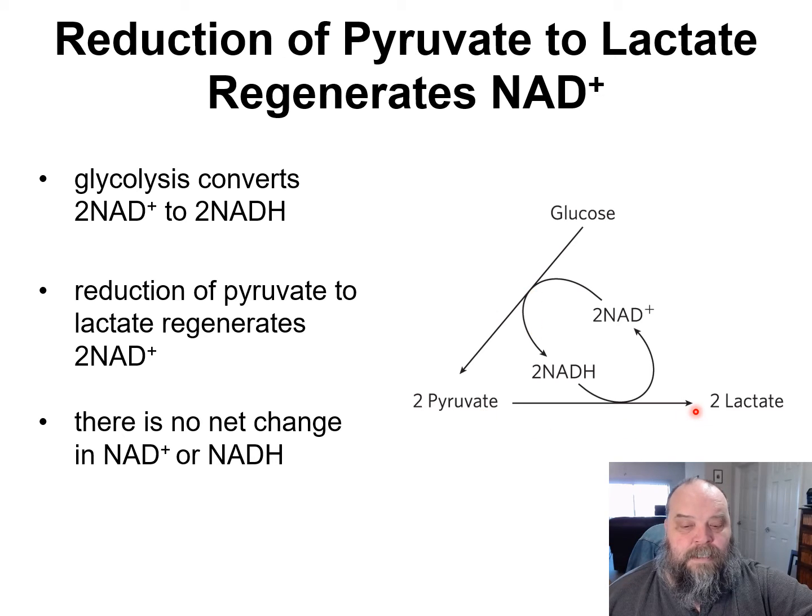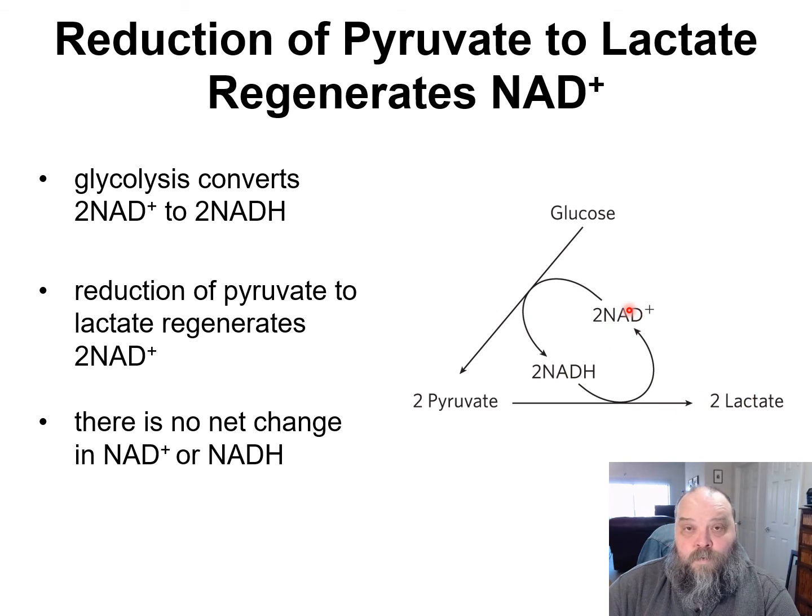So pyruvate to lactate is a workaround. It's not a great workaround, but evolutionarily it's been around for a long time, so it's got to work. Like I said on the last slide, you take the pyruvate, and all you do is break the carbonyl, make it a hydroxyl by stripping off this hydrogen here, oxidizing NADH to NAD, and you get lactate.